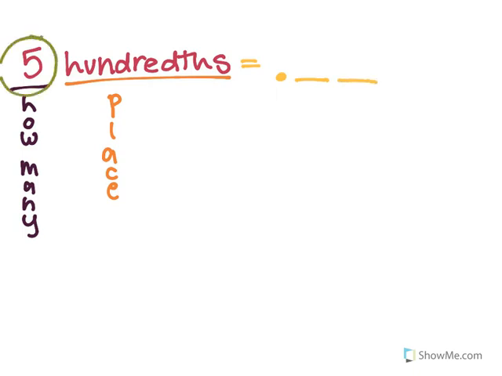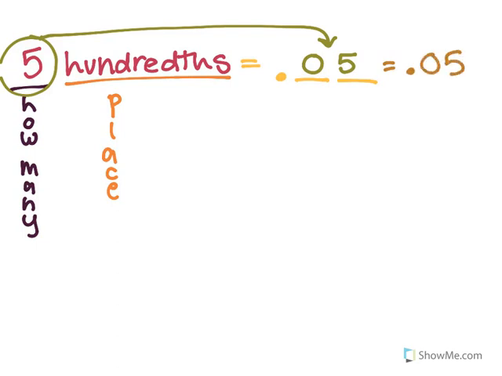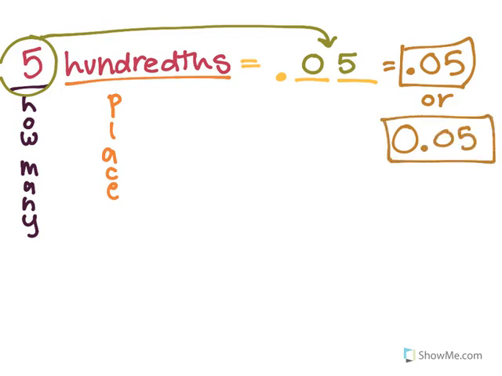Now I need to bring over my 5. Do I write it like this? No, that's 50. I need to make it 5, so I put 0, then 5. Now that represents 5 hundredths. So, in the end, my decimal looks like this. Or I could put the 0 in front to represent no wholes, and 5 like that. Either way works. If you need help, let me know. Bye, guys.